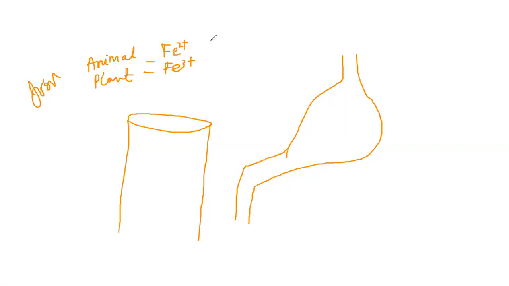Okay, so what happens is, this iron is absorbed in our body in Fe2 positive form. Okay, like it enters into your gut, into this duodenum lining. If I have to draw this duodenum a bit broader, let me draw it a bit broader so that I can write inside it.